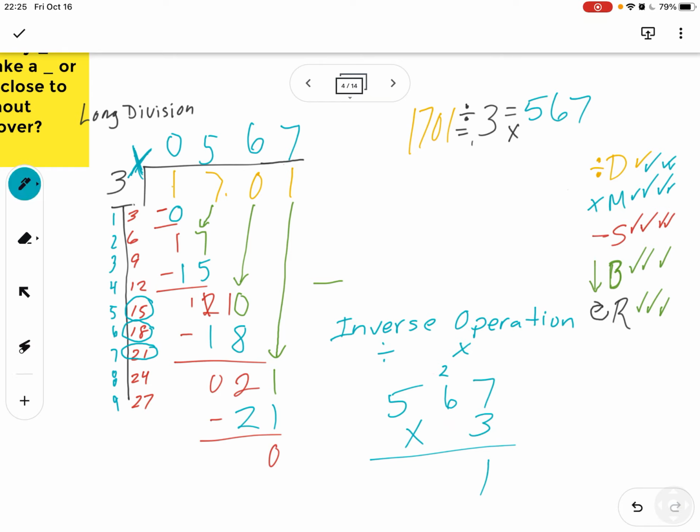That's 18, 19, 20. And I'm going to carry a 2. Now I'm going to do 3 times 5, or 5 times 3, plus the 2. Okay, so that's 15 plus 2 is 17.